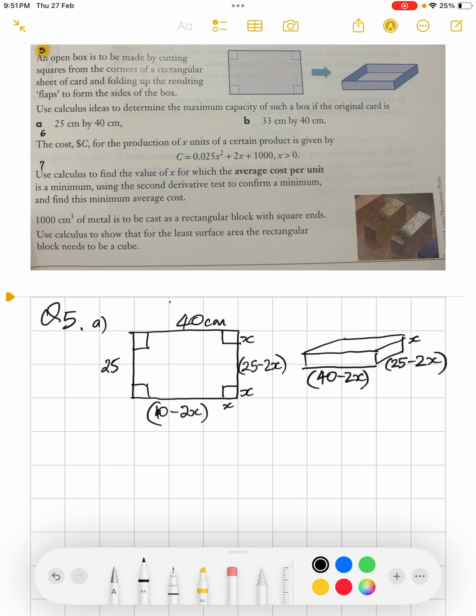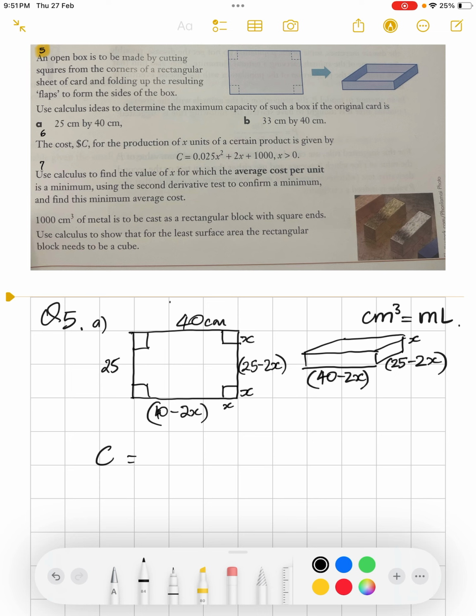And the height of this box would be x, because that's the dimension of the corners. So let's look at the capacity, and I will use C. If it's cubic centimetres, capacity is millilitres, and so millilitres and cubic centimetres are matching.